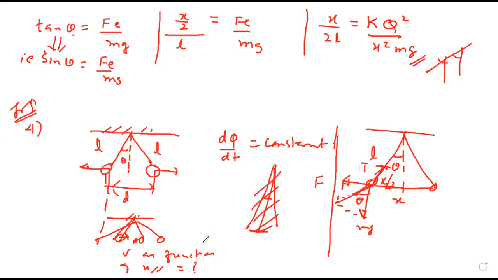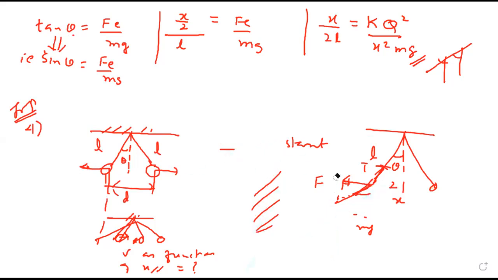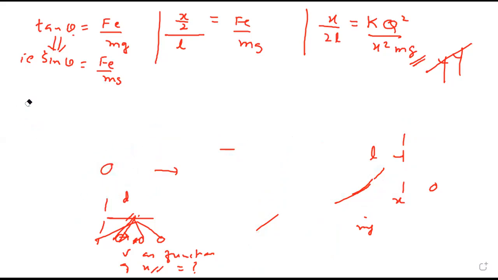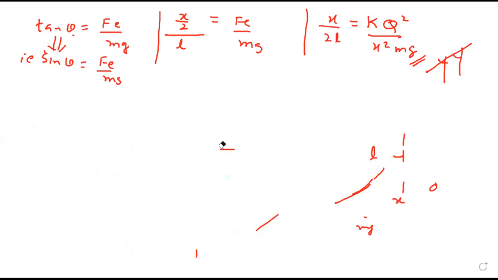Okay, now hardly 3 lines left to understand further. We want velocity in terms of distance, and the rate of charge lost is given constant. So somehow we should get dq by dt. m is constant, g is constant, length is constant, so I'm just separating out q square and x.